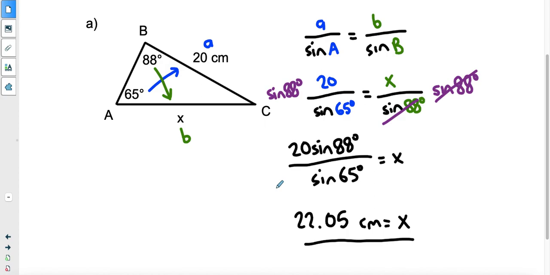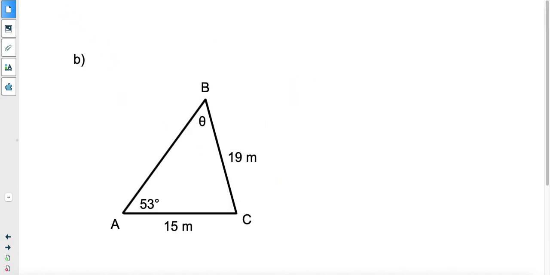Let's take a look at one more example, but this time where we're looking for the missing angle in a triangle. So again, I'm going to start just like before by labeling the different sides of my triangle. Here in my triangle, I have angle A. We label the side across from angle A as little a.